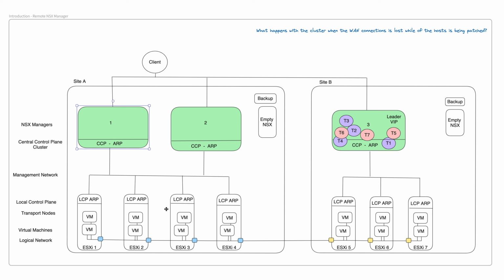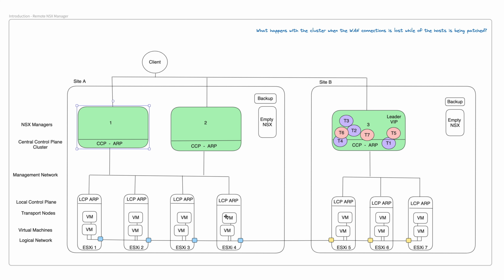Well, that's an interesting question, and we have to look at how NSX Manager is using ARP suppression to make sure that the overlay network is not getting too much broadcast traffic from ARP requests that come from a VM.